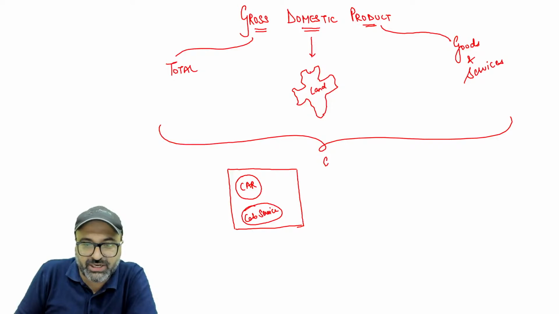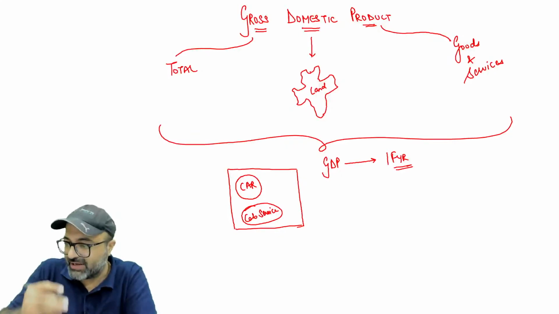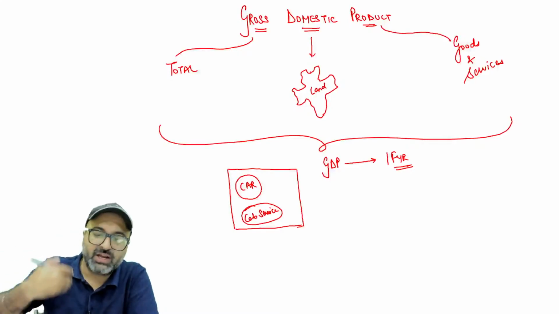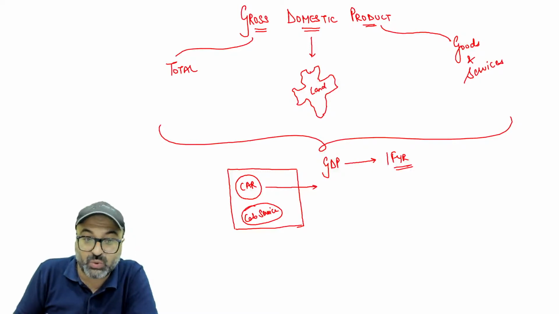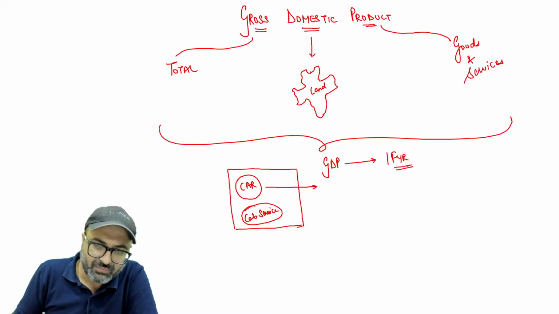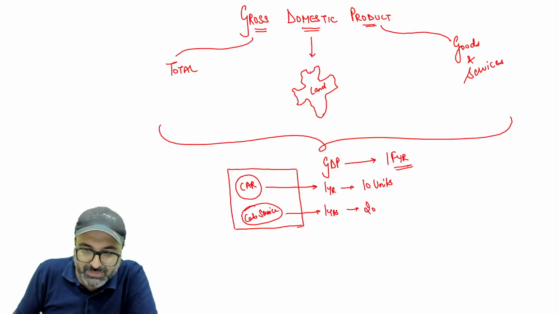When we calculate GDP, it is basically the total goods and services within one financial year. We know this very well. The moment I use this word one financial year, it means the number of goods which are produced within India. Let's say car. In India, in one financial year, let's say 10 units of car were manufactured, and for cab services, in 1 year, let's say 20 customers were given the cab service.